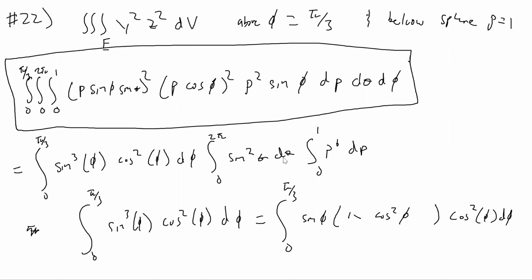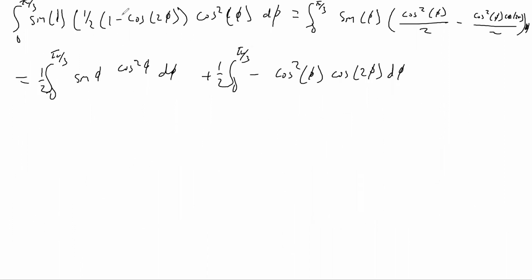So going back, let's erase this. Let's look into it, so that'll be 1 minus cosine squared phi.